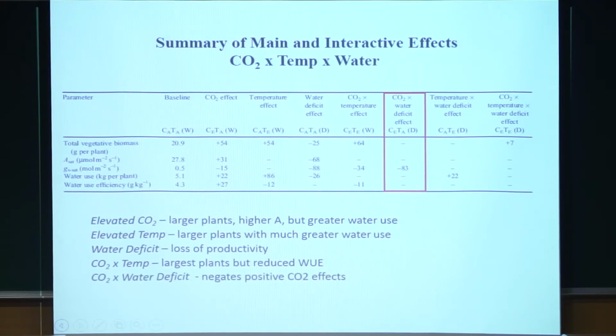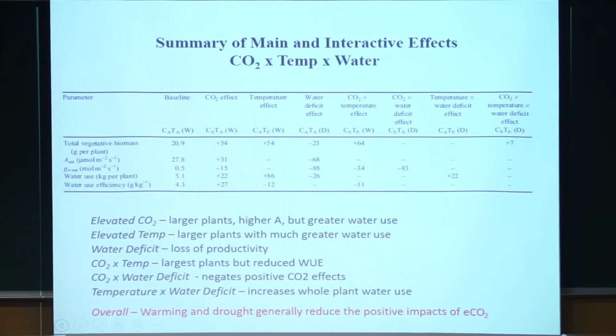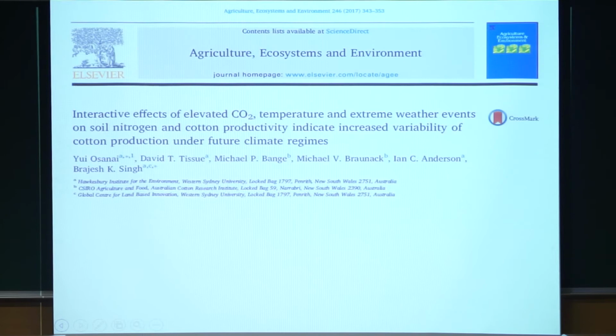And then the water deficit took away the elevated CO2 positive impacts. And when you put temperature and water deficit together, there was very significant increases in plant water use. So overall, we came to the conclusion based on this study that warming and drought will generally reduce the positive effects of elevated CO2.